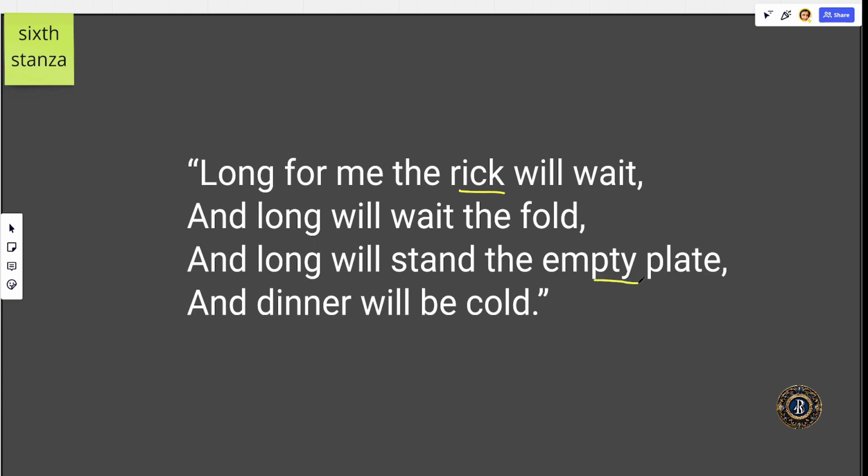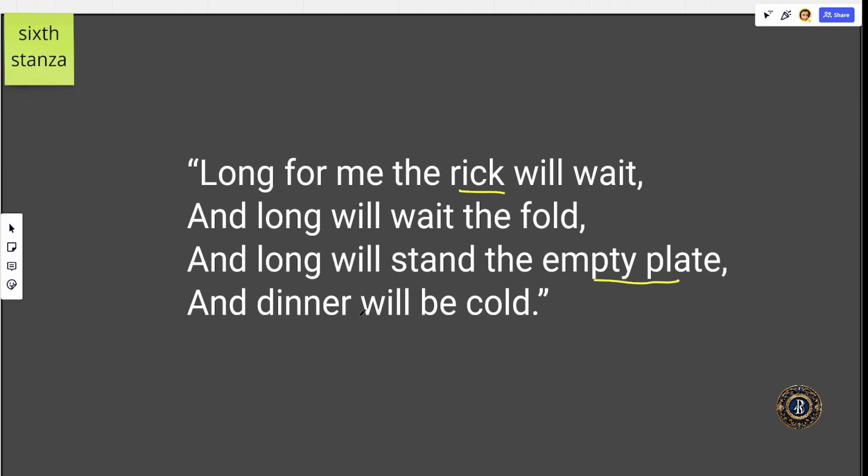Now this empty plate can be taken as a symbol. It's his plate, it's going to be empty, and his life is going to be empty. And it's not just that, his mother's life as well, because now the mother has lost her two sons. One is dead and the other one is going to leave the village forever.